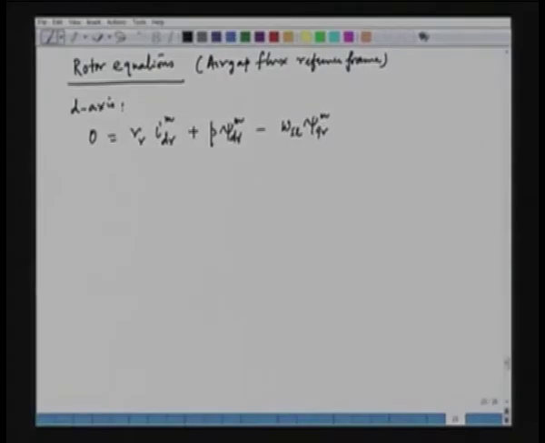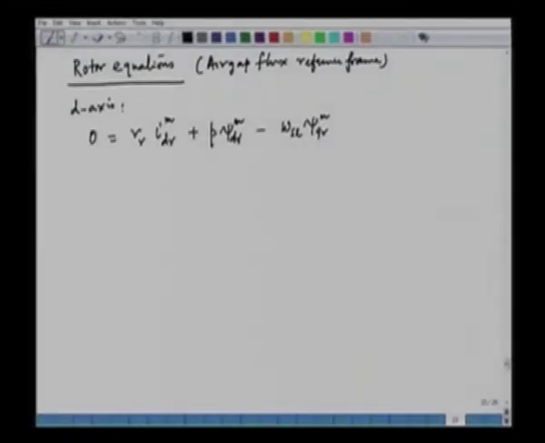So this is the equation that is coming from the rotor d axis, but this needs some simplification. Now we can simplify as follows. What we can do here is take this equation and instead of writing in terms of the rotor flux, we write in terms of the air gap flux.